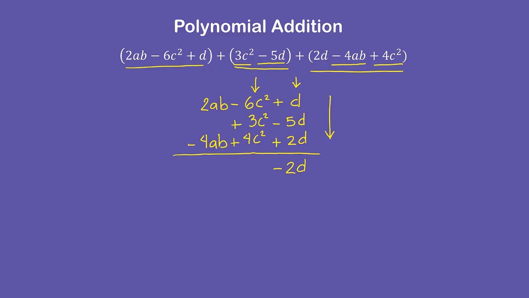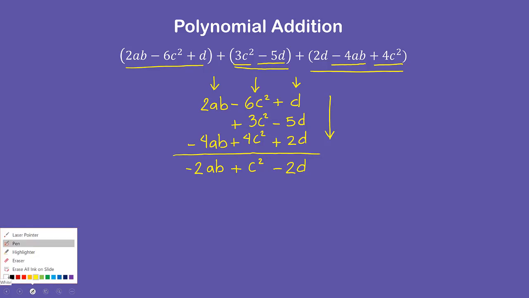But remember that when the coefficient is 1, we don't write it, and we only write the variable. So it's c squared. And now finally, the last column, 2ab minus 4ab. 2 minus 4 is minus 2, and they are ab. Okay. Now we're done adding.